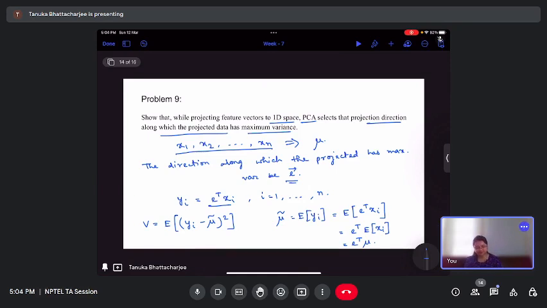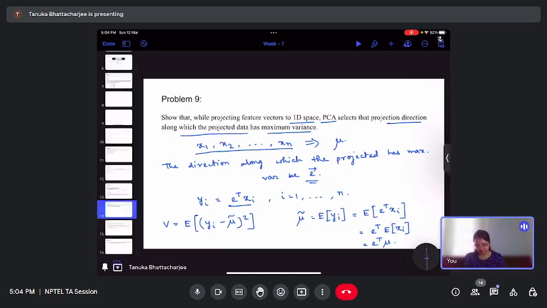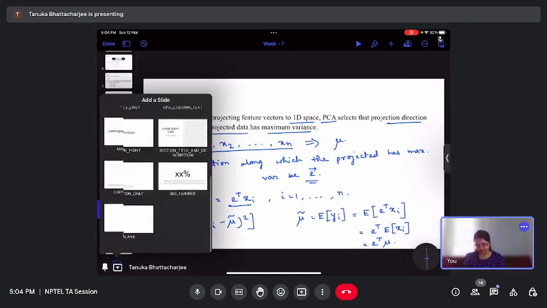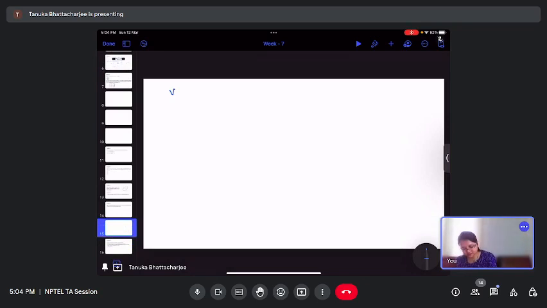If you use that expression in the variance, your variance is expectation of yi minus mu tilde whole square, and now your yi is E transpose xi minus E transpose mu whole square.